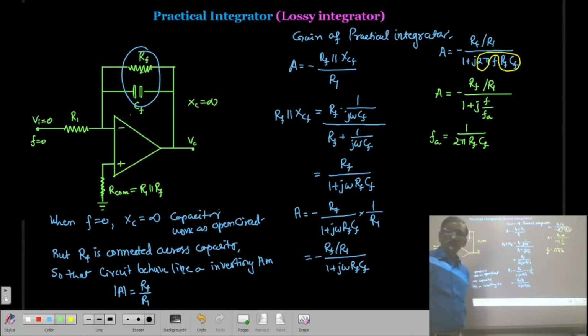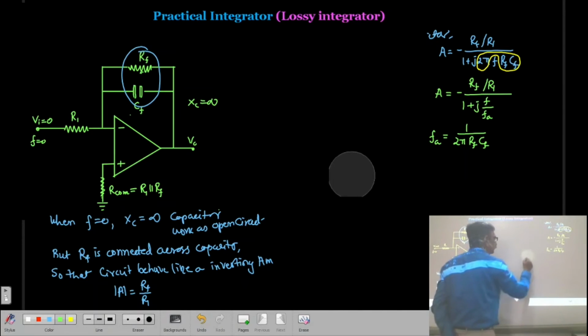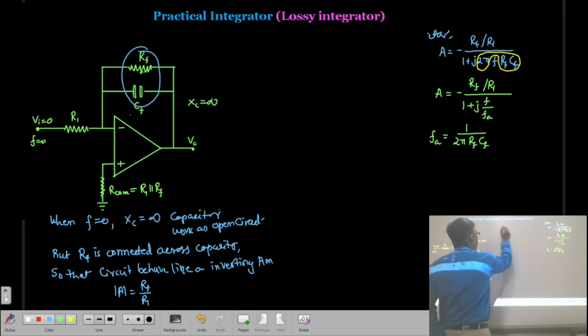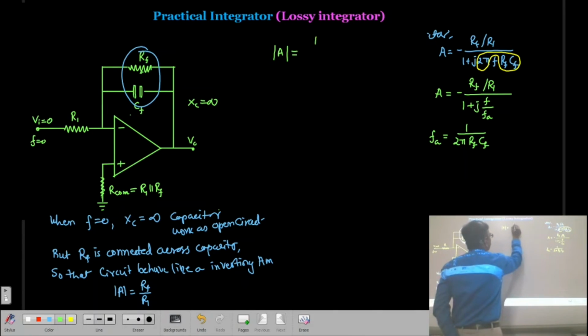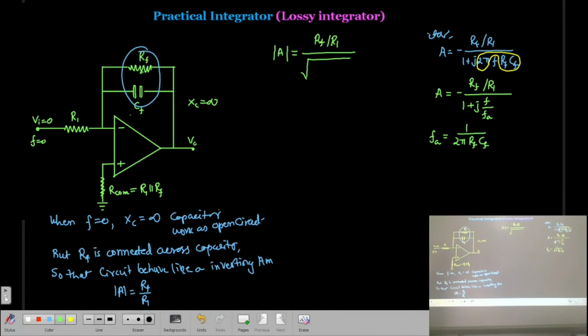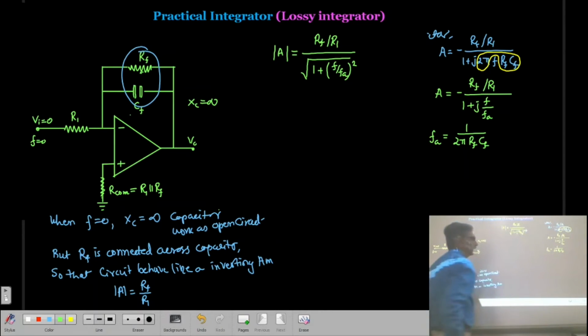And finally, if you want to write the gain of this practical integrator circuit, then the magnitude of the gain is written as mod A equal to Rf by R1 divided by under root of 1 plus f by Fa whole square.